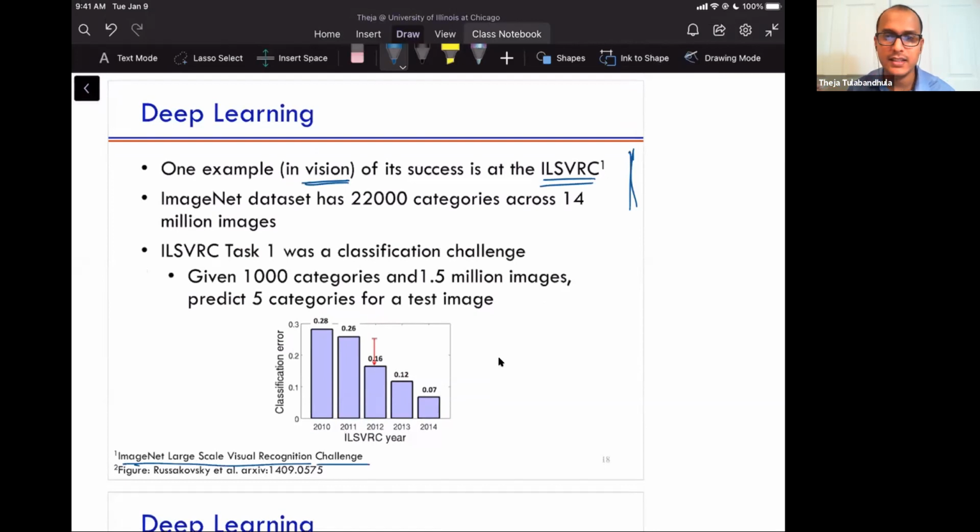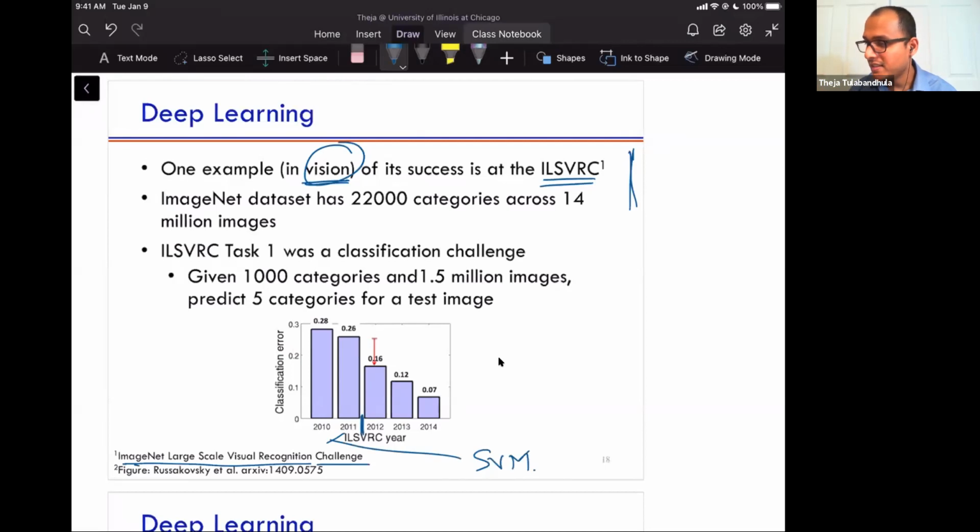So it's a challenge that folks were organizing in this community, vision or image processing community, or actually even you can also call them machine learning community, for years. And there was a big improvement around 2011, 2012. Actually, the solution in 2011 was based on SVM, which some of you have seen in the previous course, right?